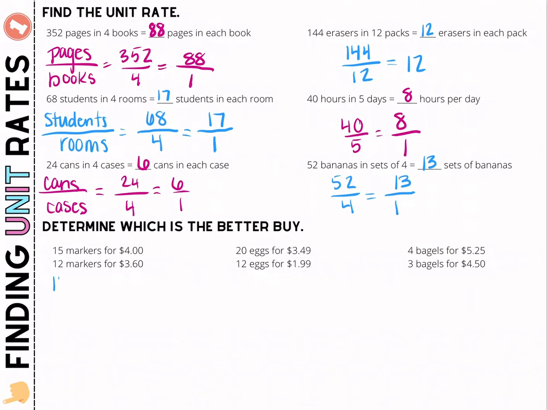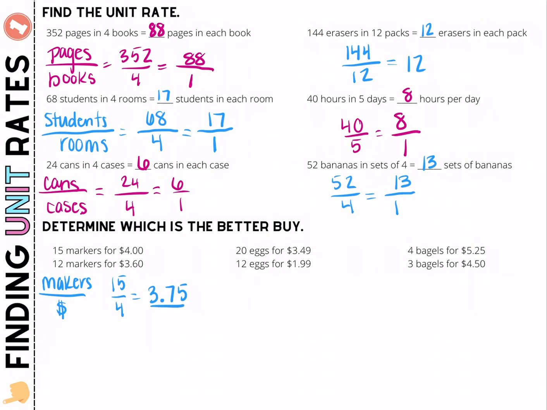So I have markers over dollars, and so I have 15 over 4, so 15 divided by 4 is 3.75.